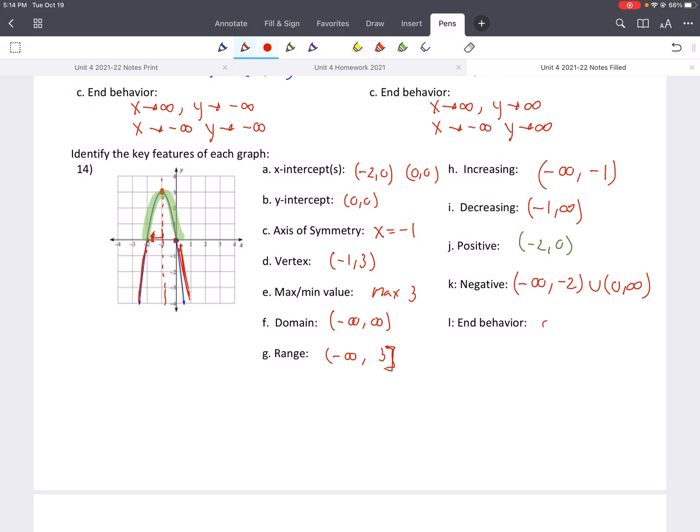And then end behavior is down. Oh, no, sorry, where is that? Direction of opening. Oh, that's not even on this problem. Okay, end behavior: as x goes to infinity, so we go this direction, y is going to -infinity. And as x goes to -infinity, y goes to -infinity.